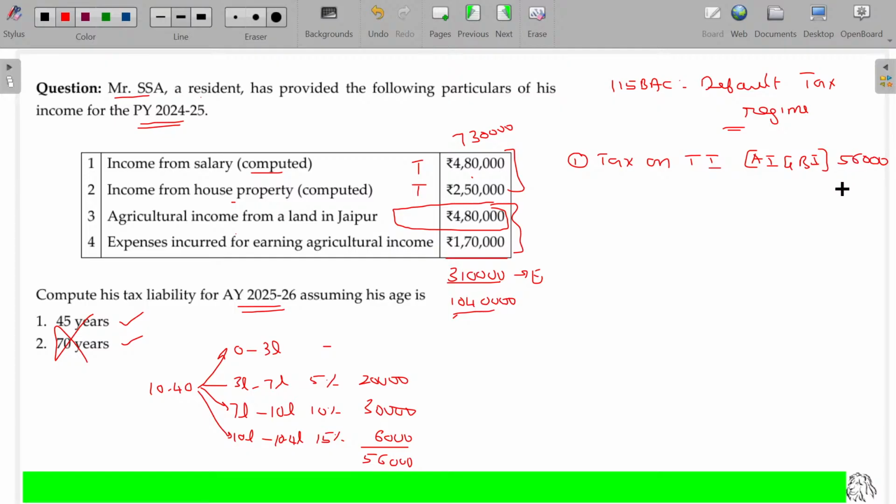Okay. Now, second, tax on agri income plus basic exemption limit. Tax on agriculture income plus basic exemption limit. Don't ask me why, sir. In taxation, you cannot ask why.